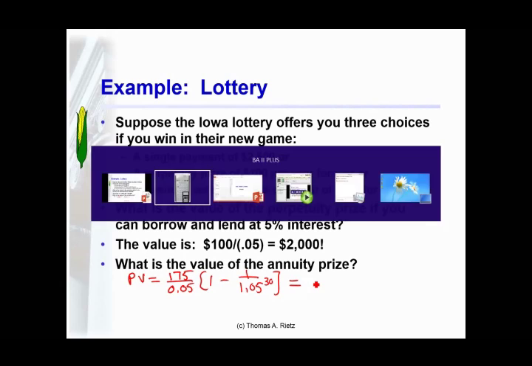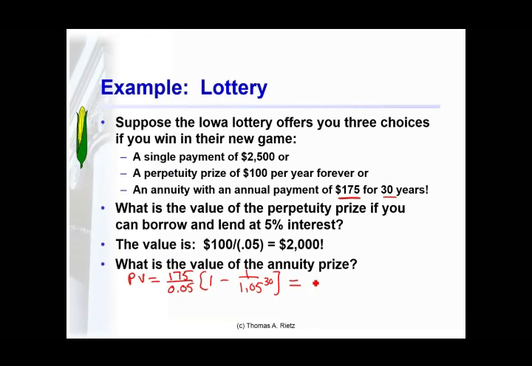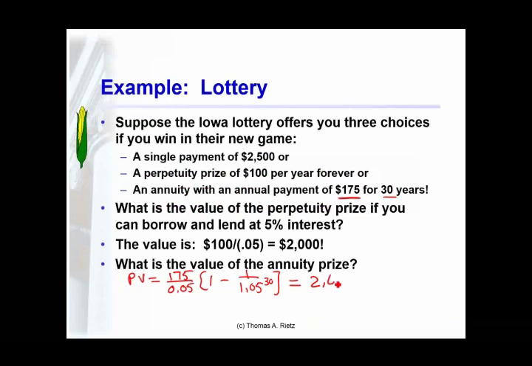Again, the quick way to do this is on your calculator. 175 is the payment, still 0 future value. 30 years, 5% interest. Present value is $2,690.18.